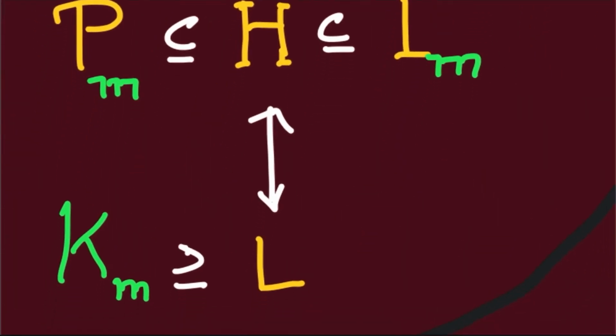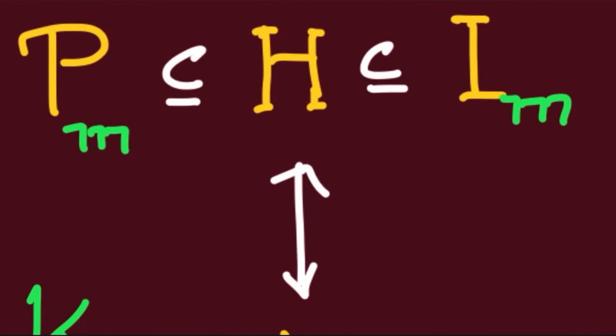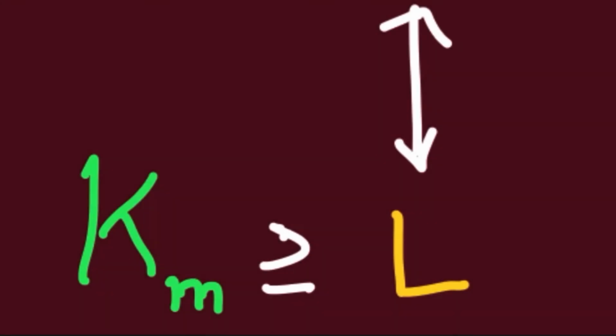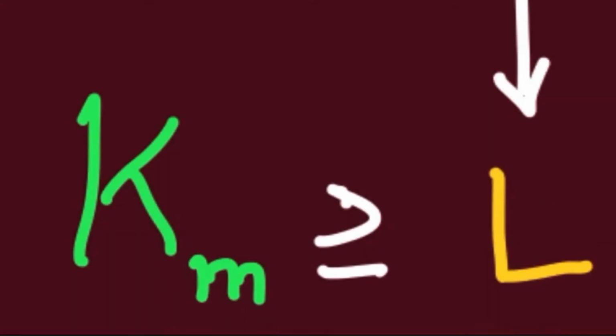Observe that if m is an admissible modulus of L, then L is the class field of some ideal group H with modulus m. And conversely, if L is the class field of some ideal group H corresponding to some modulus m, then L lies inside the ray class field corresponding to m.